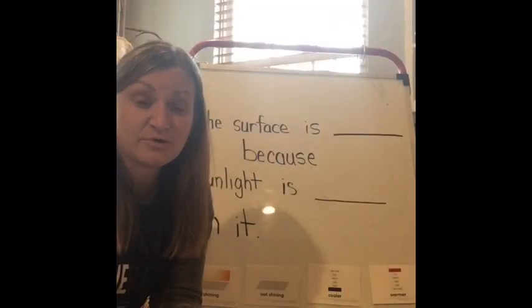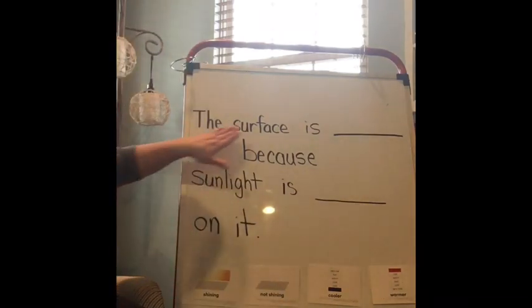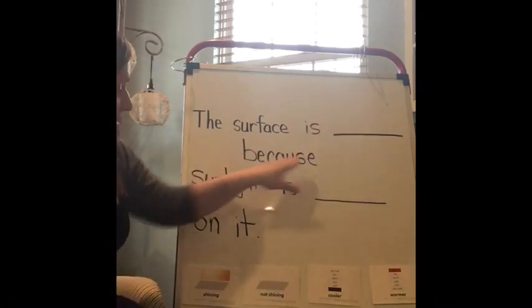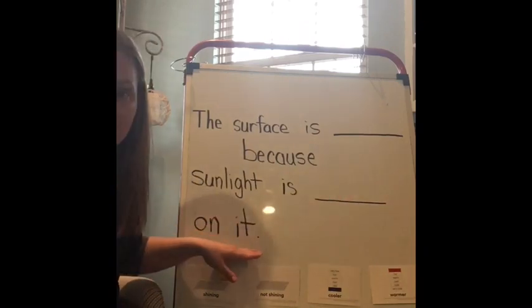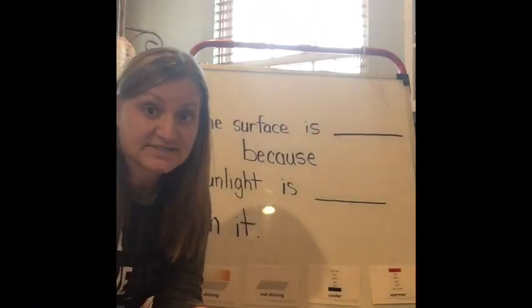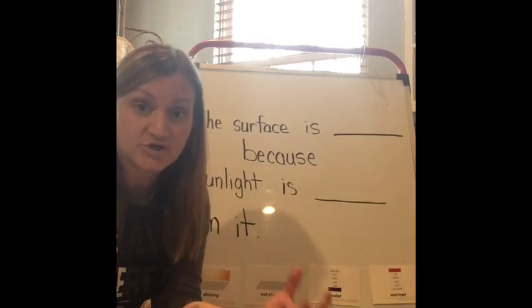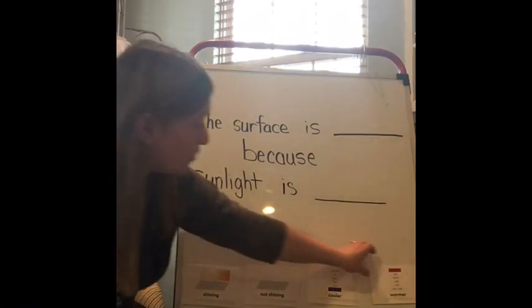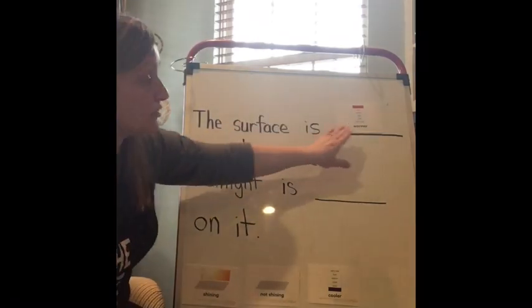So here's the language framework that we're going to use so we can talk like a scientist and explain our thinking. The surface is blank because sunlight is blank on it. So when we think about the cause and effect, right? The first picture that we just saw, we were trying to figure out which surface was warmer. So the surface is warm.